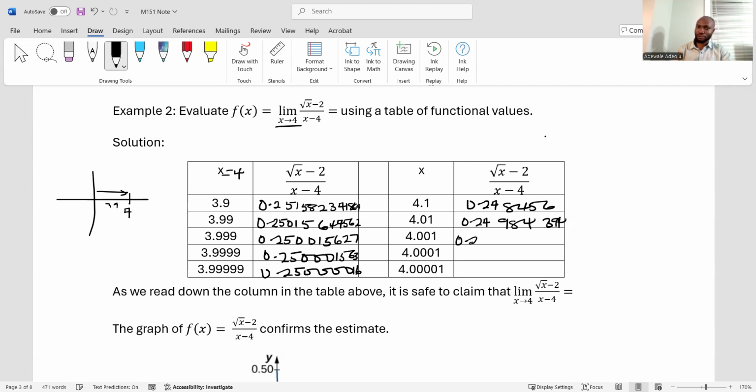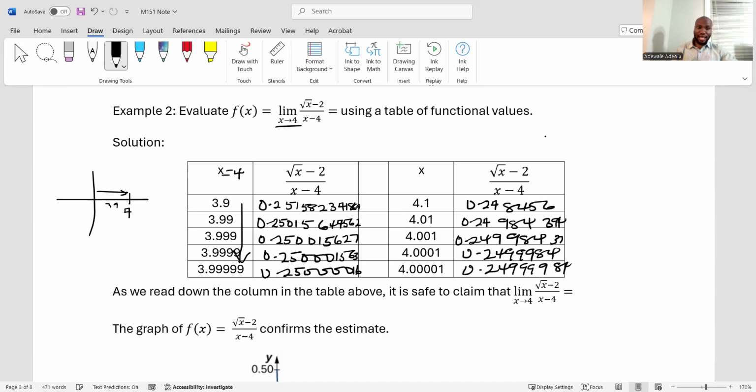The next one 0.24998437, 0.249984 and so on. 0.24999984.